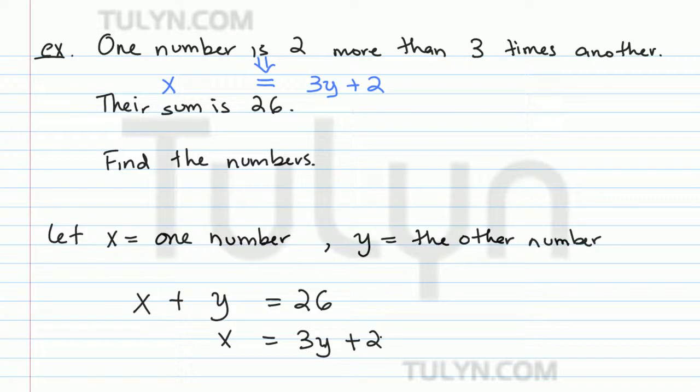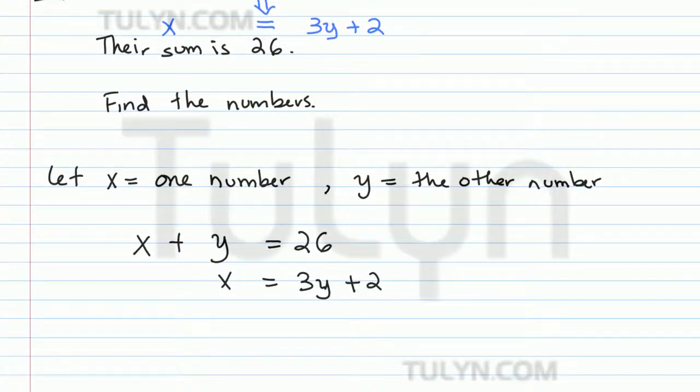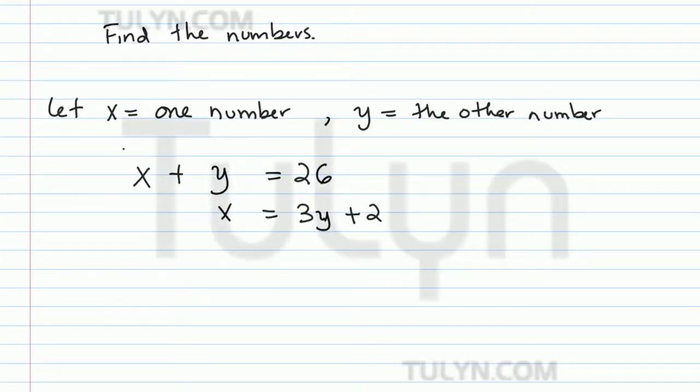So now we have two equations, and we don't have to look for any more equations. Well, mostly because there aren't any more sentences to translate, but also because we have two variables. So when we have two variables, we find two equations. If we had 3 variables, we would find 3 equations. So now we're done, and now we can solve the system. So considering that we have x in terms of y, we can use the substitution method.